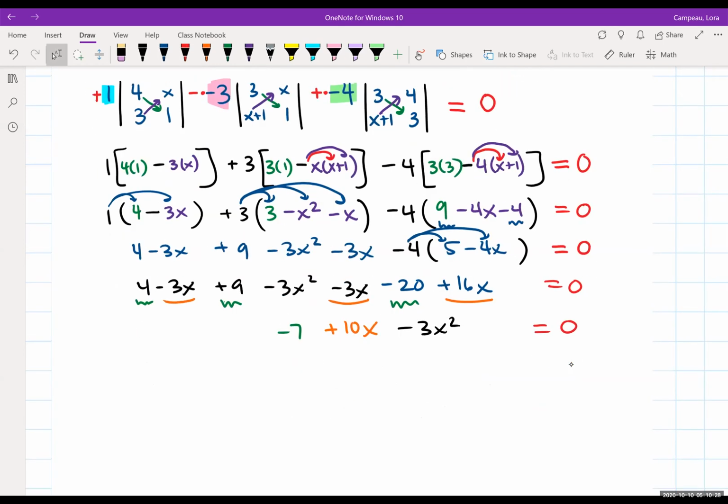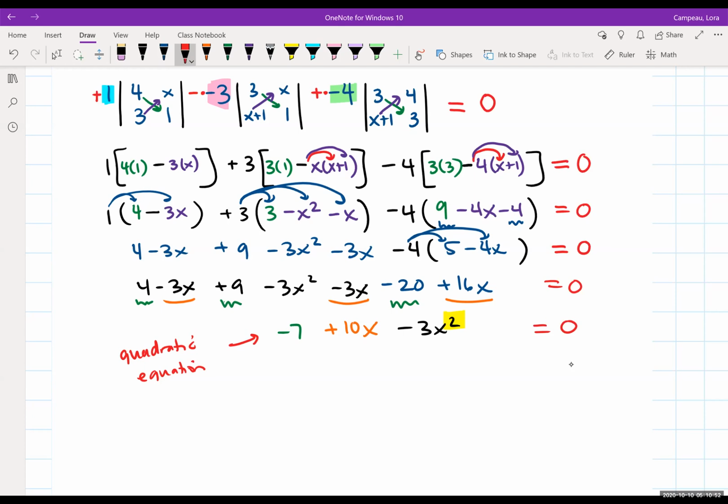Now, notice if you're going to solve this equation, we do see that the highest power of x is 2. So we do have, in fact, a quadratic equation. So we have to go through all the techniques on how we would solve this quadratic equation. First thing I like to try is see if I can factor it.